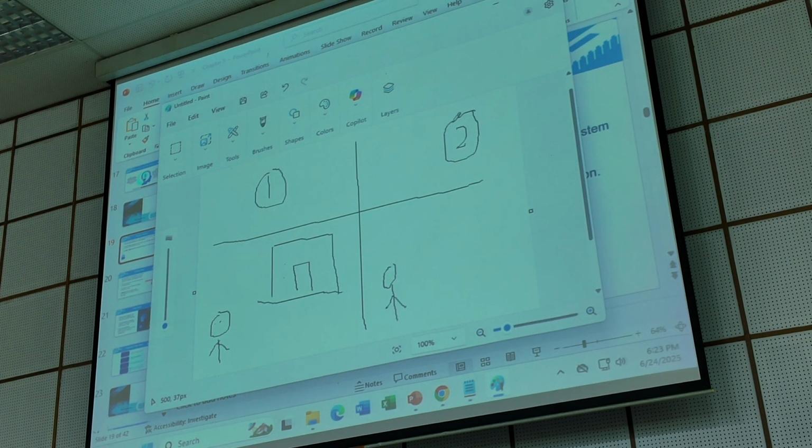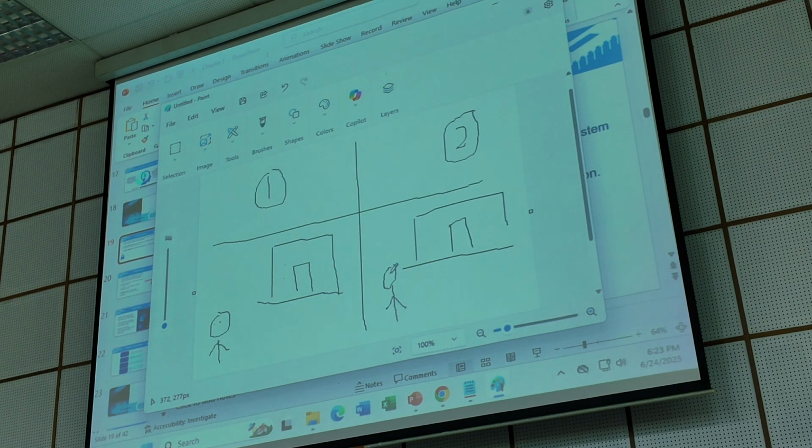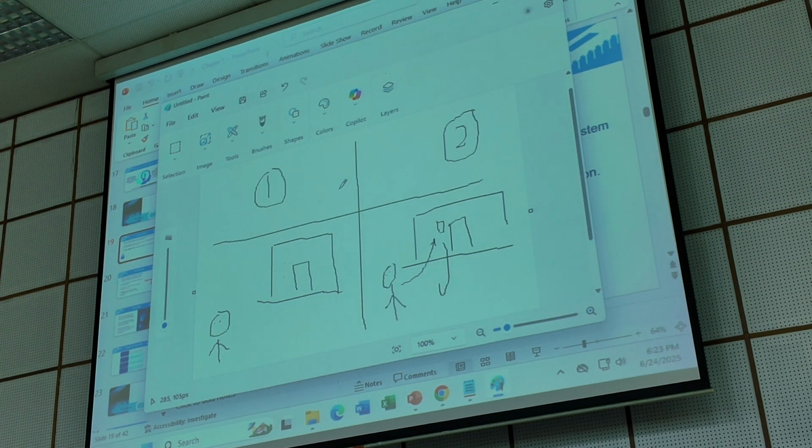Okay, the second scenario, a thief. Sorry, I use the same scenario for my tutorial and practical class. So in the second scenario, the thief will go into the house and takes something valuable out. Which one is passive attack? One, yes, correct. Which one is active attack? Number two. So what does passive attack mean?